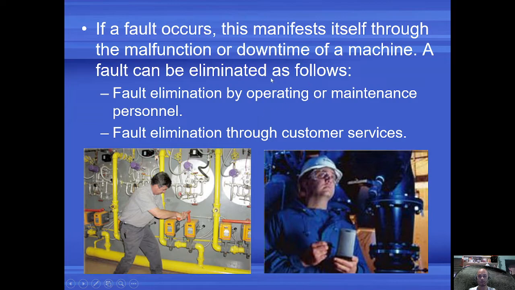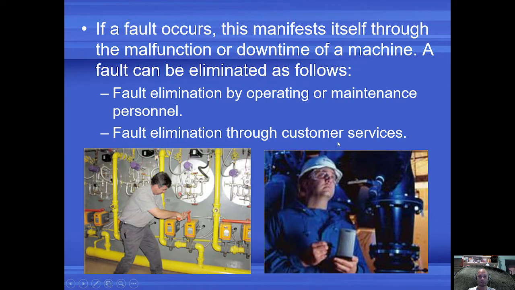If you know how to operate the equipment, there will be no fault in the machine. Or if you have wrong maintenance personnel, wrong maintenance, there will be faults in the machinery.